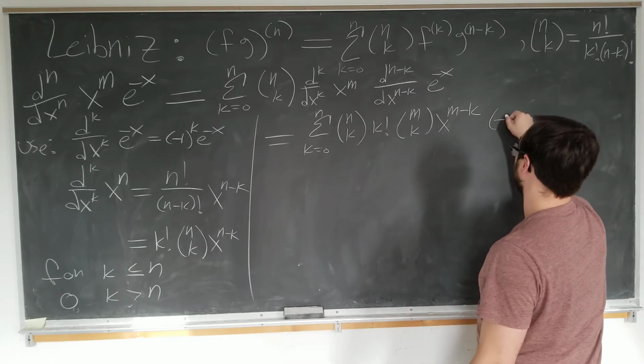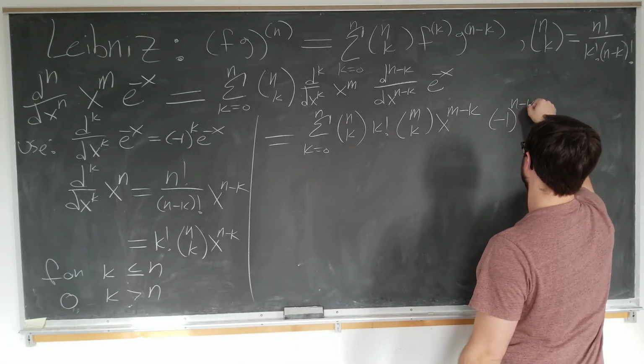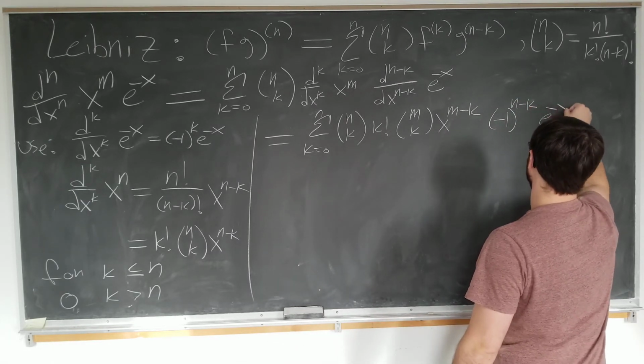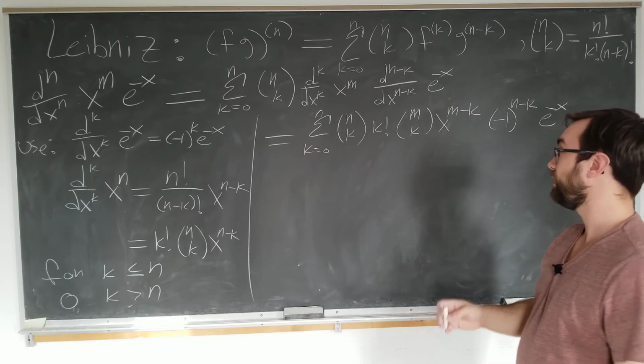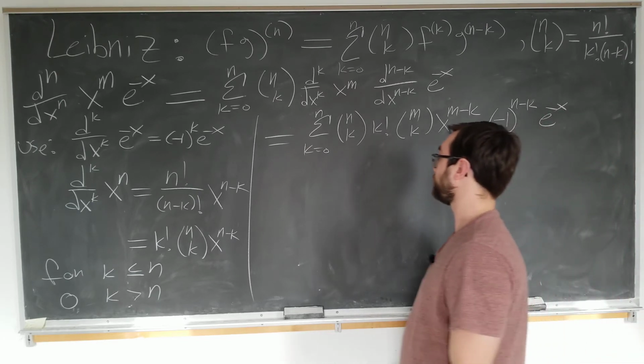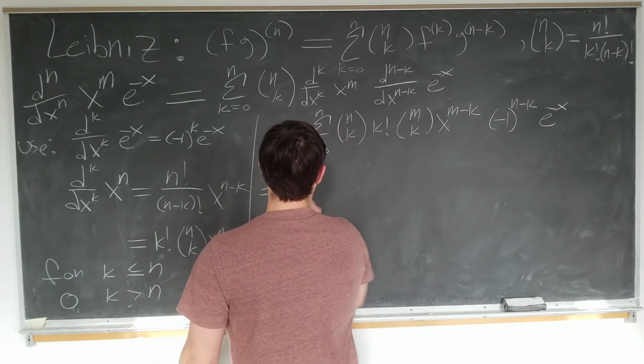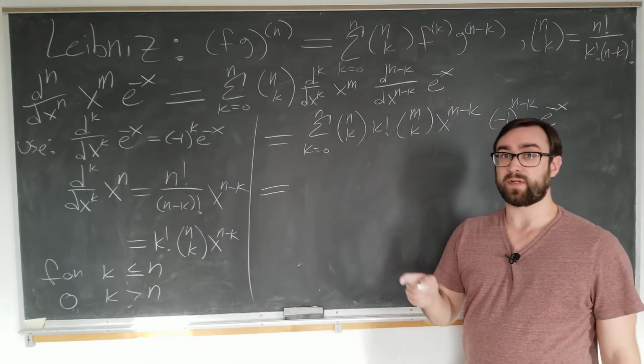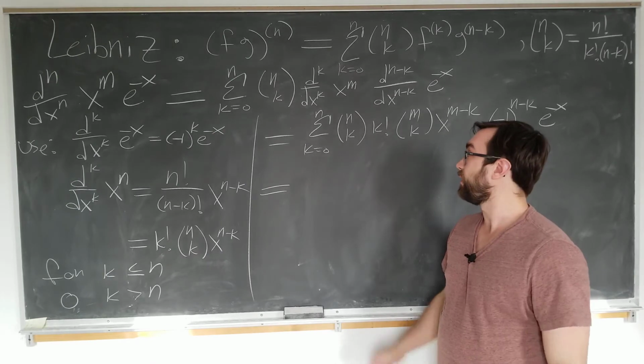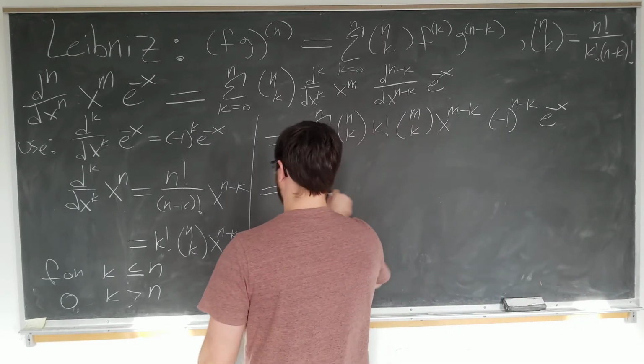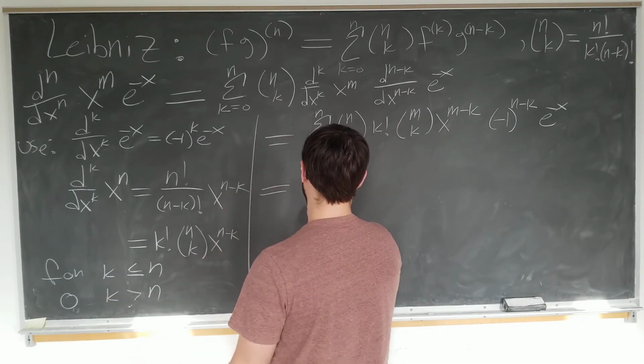And now we have a minus 1 to the n minus k, e to the minus x. And now we're going to simplify a few things here. We are going to note that we don't actually have to sum it up to n. We can actually stop at m because of this condition that we talked about here.